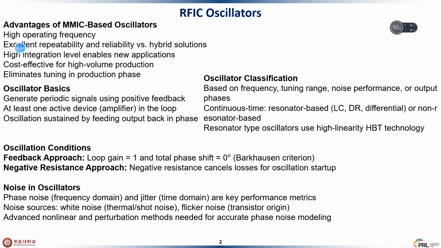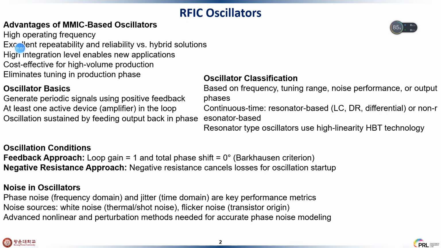And for the oscillator basics, it generates a periodic signal using positive feedback. At least one active device in the loop is an amplifier, and the oscillation is sustained by feeding the output back in phase.